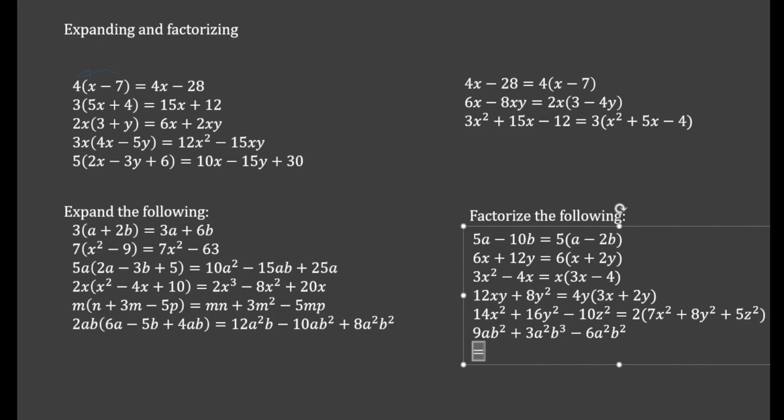So the biggest common factor is 3ab squared. So 3ab squared, open bracket, 3 plus ab, take away 2a.